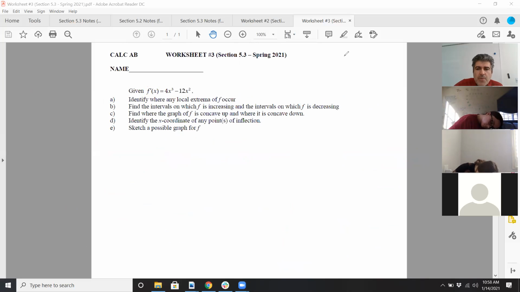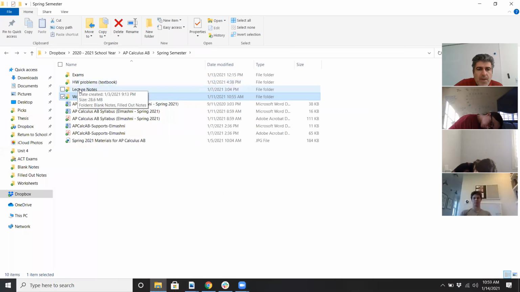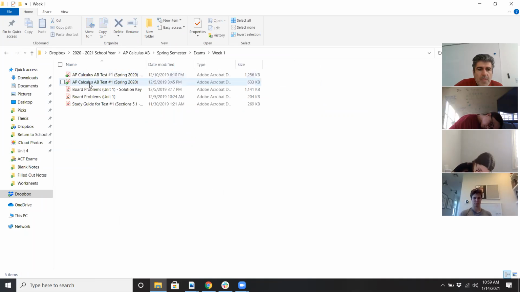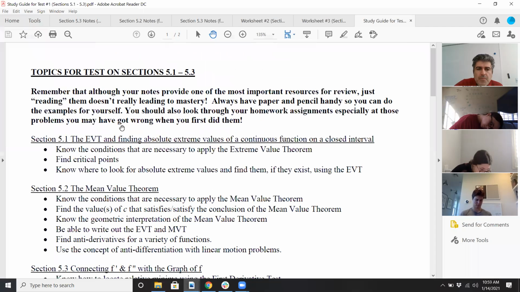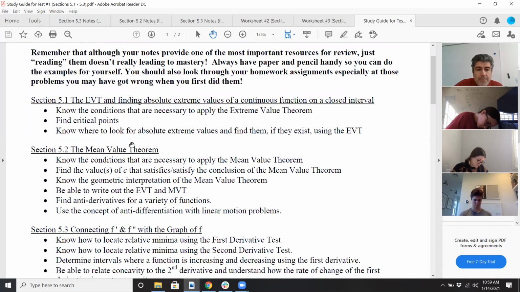Sorry, I'm going to clear the screen because we're in class in a couple minutes. For the study guide, just so you know what we've covered, let me make sure I've hit all these topics. Have I talked about extreme value theorem? Yes, you have to be continuous on a closed interval. Critical points we talked about, how to find them. You have to test the endpoints and the critical points in the original function.